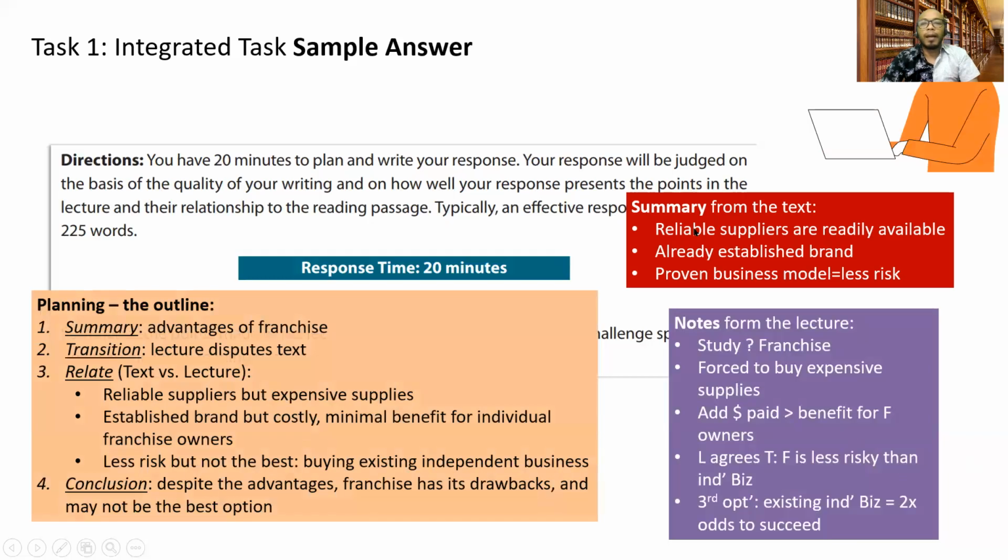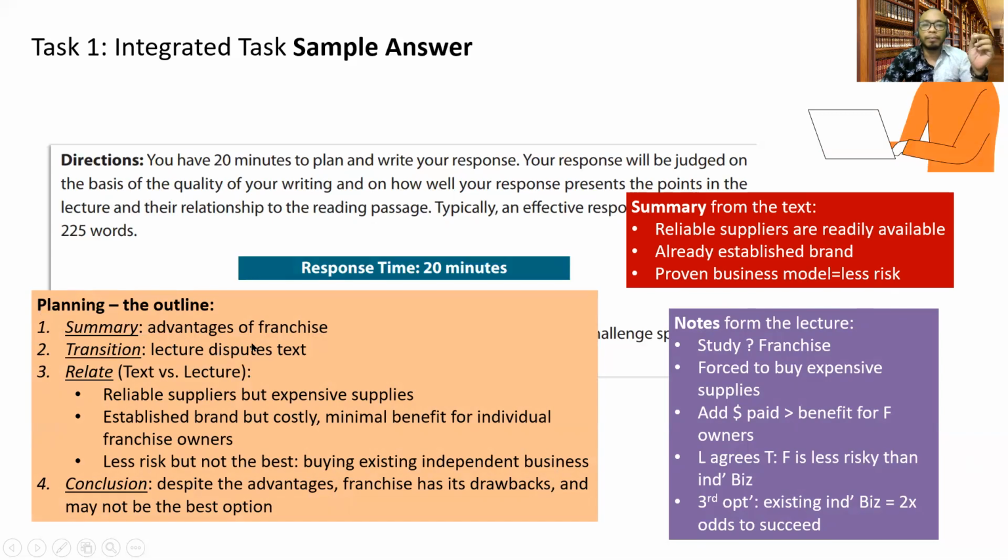Now, after you get these key ideas from the sources, you can then start your planning. And remember, you should spend around 4 minutes to plan your essay before starting to write it.